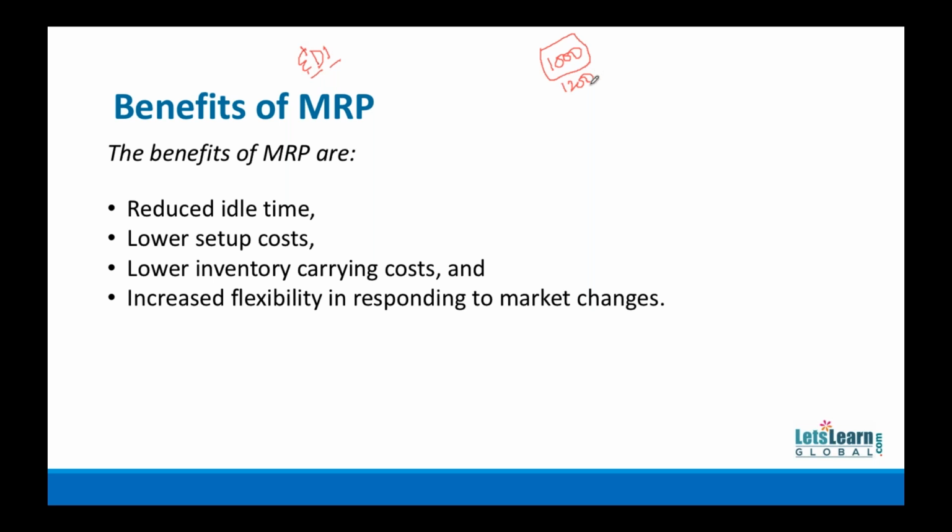It is very difficult to accommodate these 200 units, because the production is already carried out, and we don't have any storage system, because we use a lean manufacturing system. But in MRP, you can increase that flexibility according to the market changes, either plus side or minus side. These are the benefits of MRP.